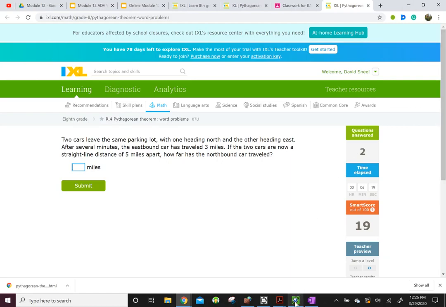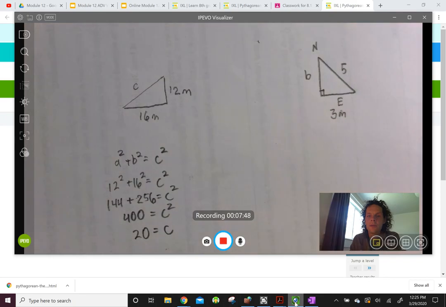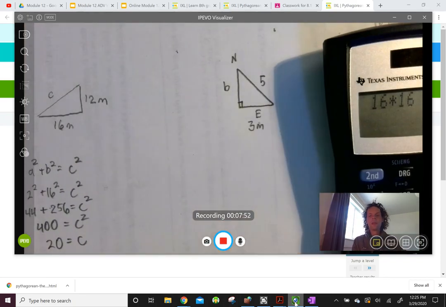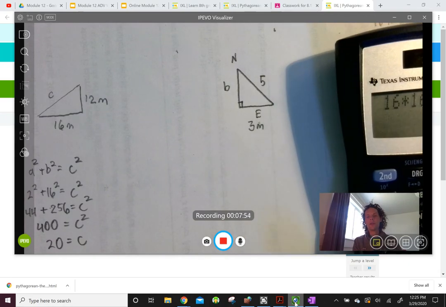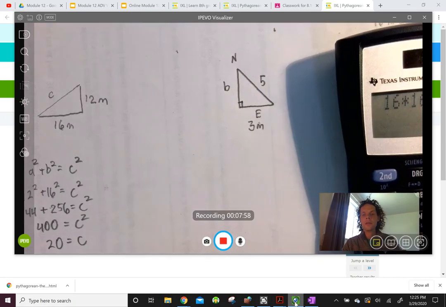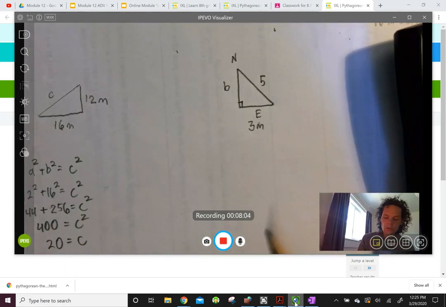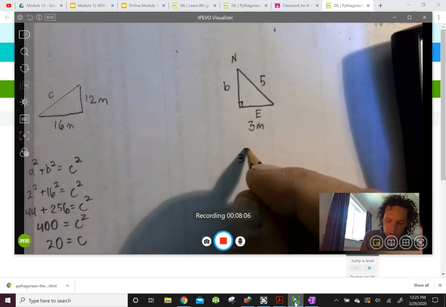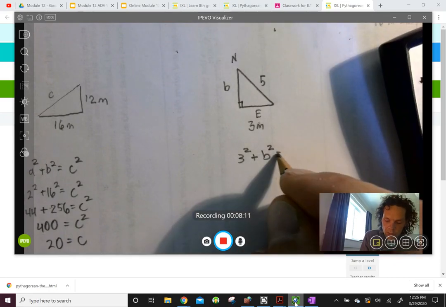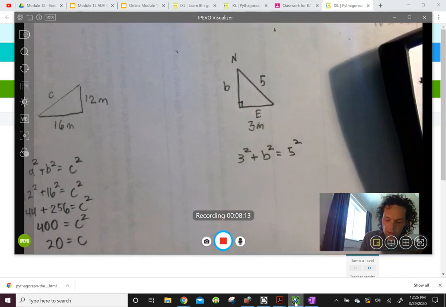Let's see here. I'm going to go back to this right here. So this is my new drawing. I've got this northbound car. I don't know how far it's gone. I've got an eastbound car. It's gone 3 miles. And there's 5 miles in between. The straight line distance is 5. So I know that 3 squared plus b squared equals 5 squared.